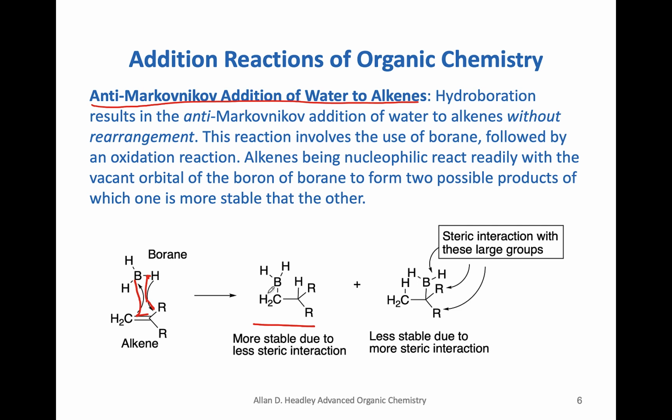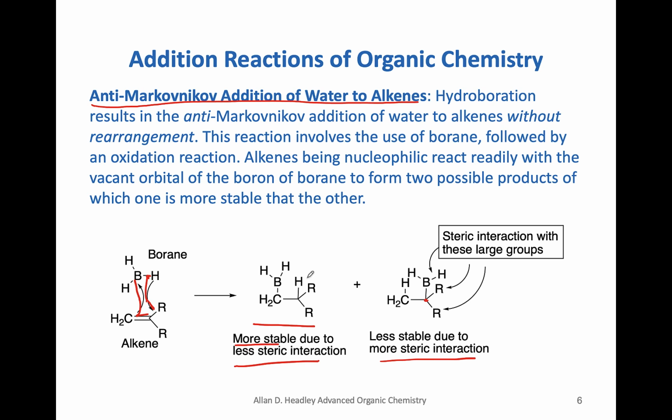This carbon has two hydrogens and the boron. Over here, this carbon with the boron has two alkyl groups and the boron. So there is a lot more steric interaction right here compared to the interaction right here. So this is more stable due to reduced steric interaction compared to this one.